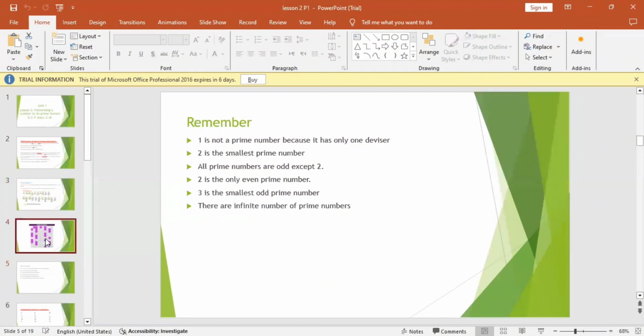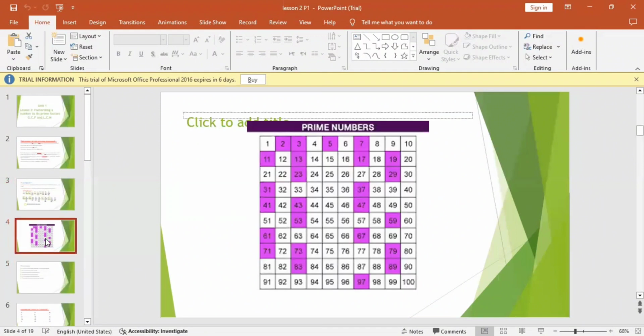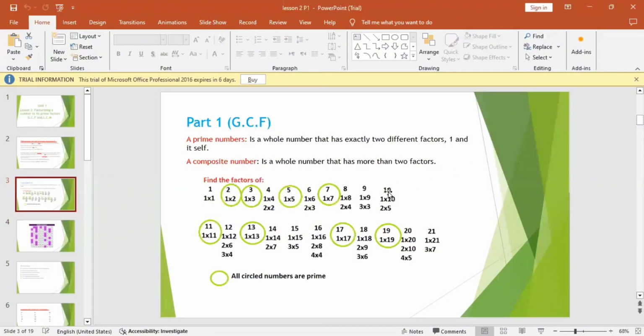But not all the odd numbers are prime. For example, we have here 9. Is it a prime number? No. Why? Because I can get it by multiplying 1 by 9 and 3 by 3. So it's not a prime. It has 3 factors: 1, 3, 9. So it's a composite number. And also, let's see 15. It's odd, but not a prime.